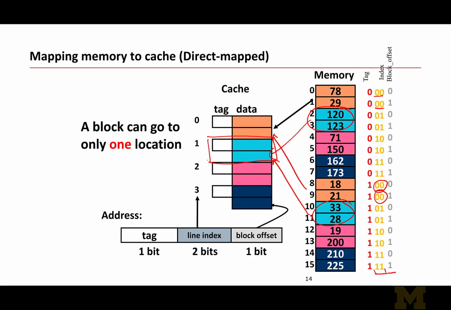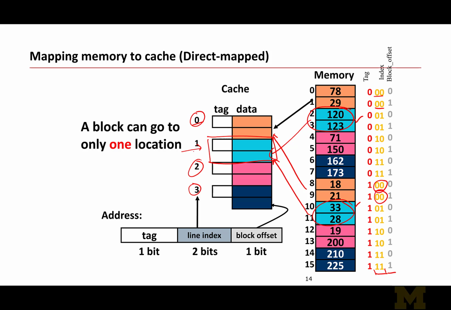So that is the trade-off that we are making here, because it's quite possible that I'm not really utilizing the other cache lines at all, right? And the only two blocks that a program is interested in are these two blue blocks. So in that case, I would be not utilizing all the available space in the cache. And these two blue blocks are going to compete for this one cache line.